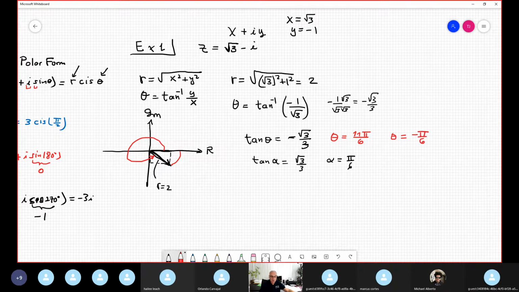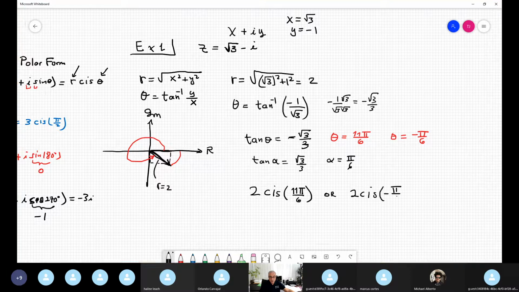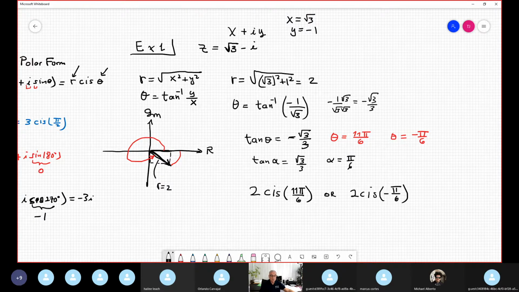Conclusion. This complex number expressed in polar form is 2 times cosine 11 pi over 6 plus i sine 11 pi over 6. Or, remember, in polar, there are different ways to express the same idea. Unfortunately. Or fortunately, I don't know. There's no disadvantage. 2 times cosine negative pi over 6 plus i sine negative pi over 6. This is another possibility for the answer. Any question?